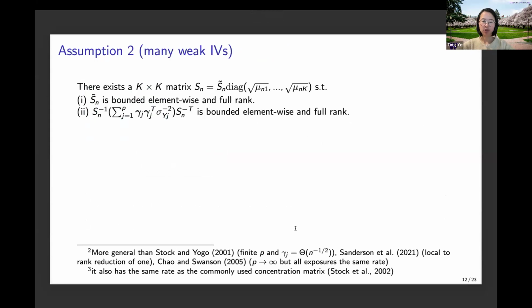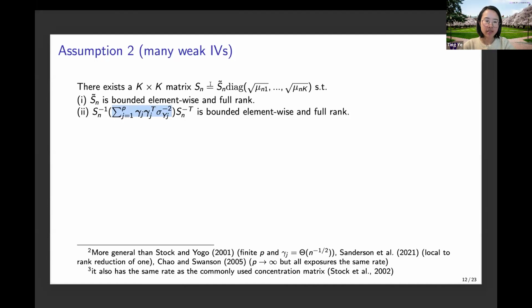So the second assumption is really key in our characterization of many weak IVs. This assumption is a bit technical, so let me walk through it. It says that there exists a K by K matrix, Sn, where the Sn will be used to characterize the convergence rate of this matrix that reflects IV strength for K exposures.